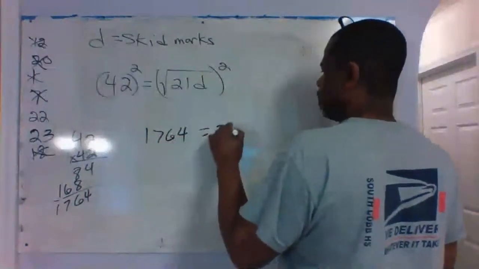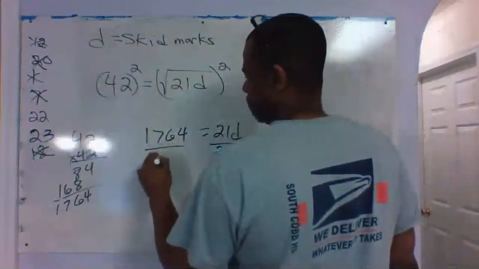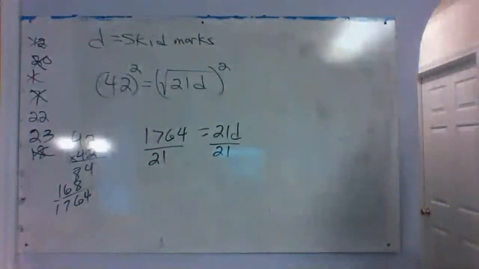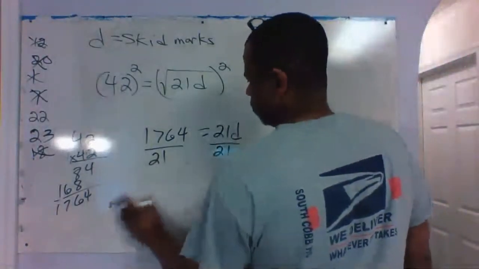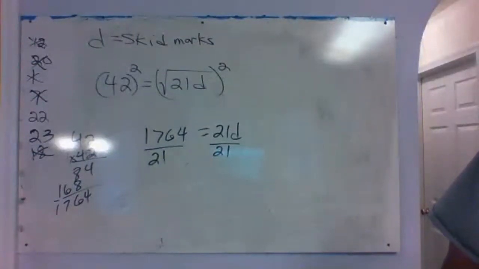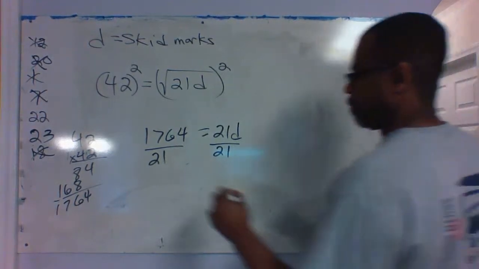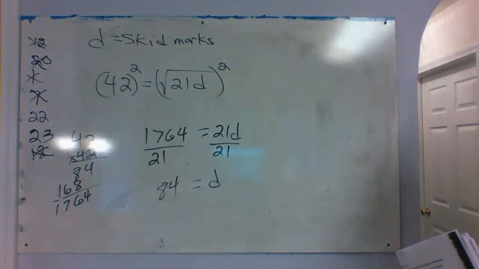1764 equals 21D. Divide that by 21. Let me put it in a calculator so we can get out of here. So D should give us 84. That's what we have based on that.